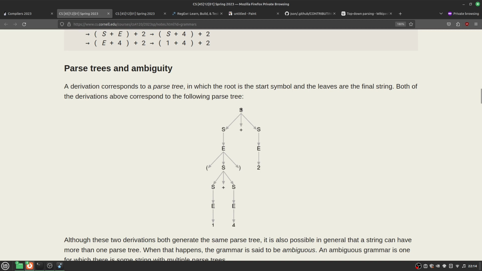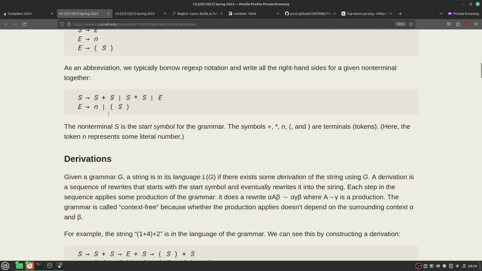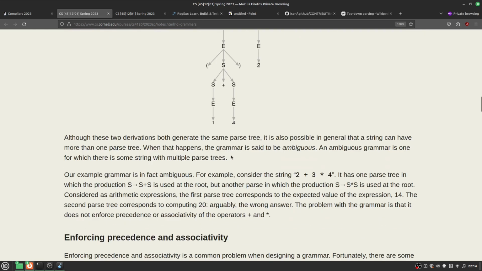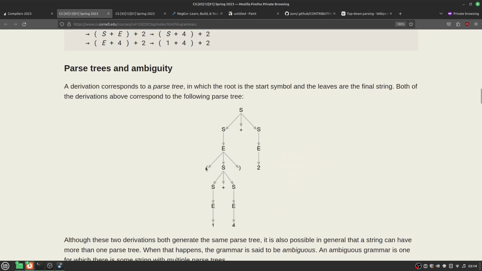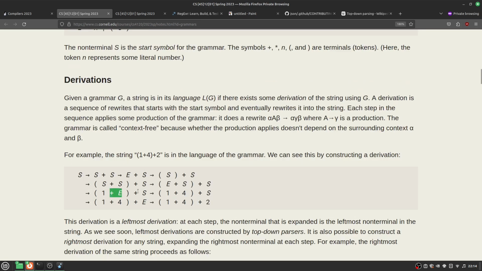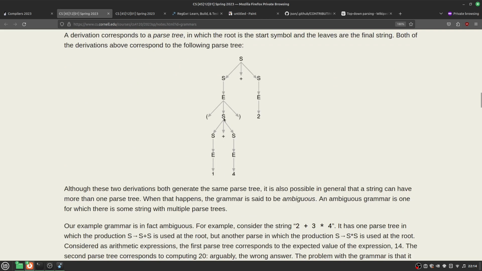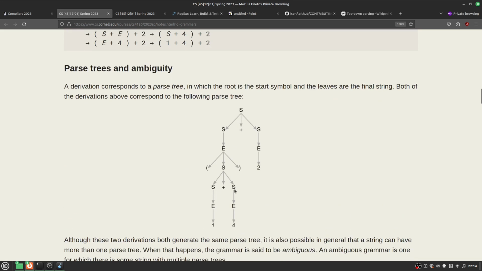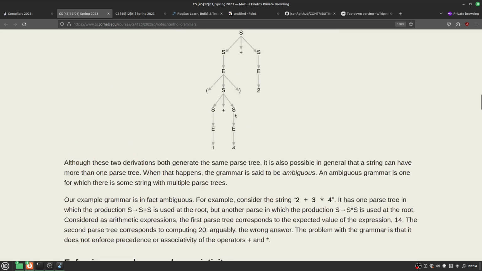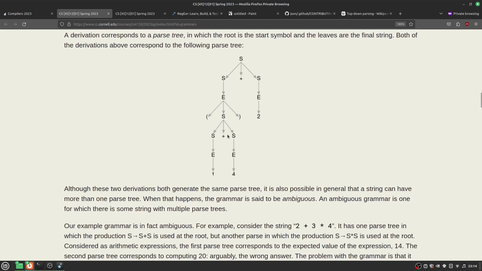So S can be expanded to S plus S, and S is equivalent to E, and E is equivalent to S inside these parentheses, and we know that S can be equivalent to S plus S, and then we know that S can be replaced with E, and E can be replaced with any literal.